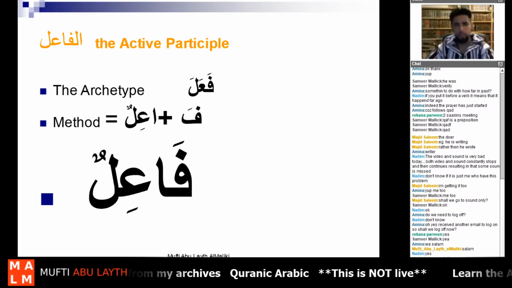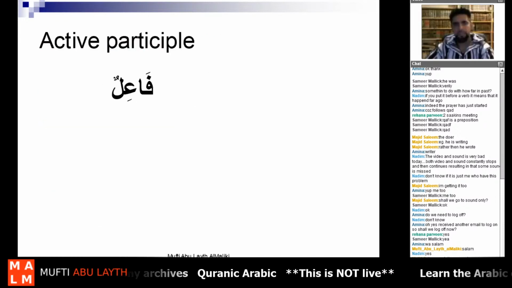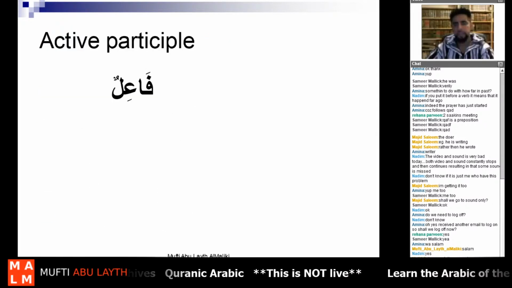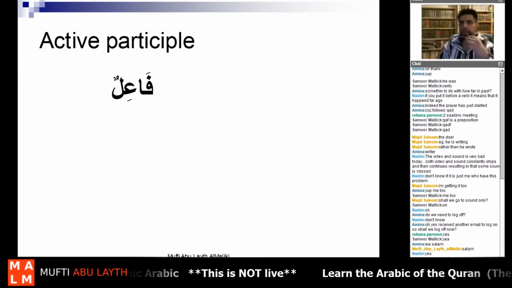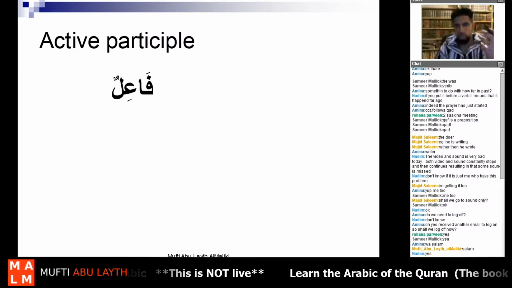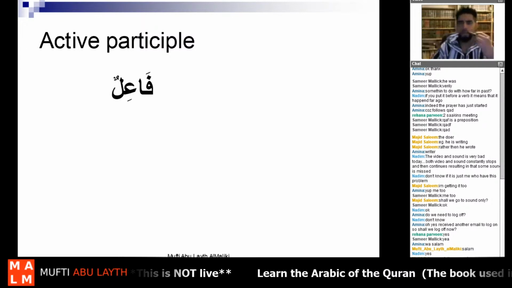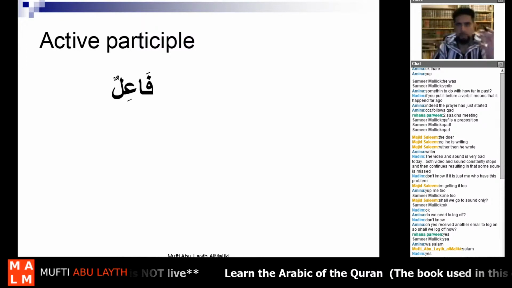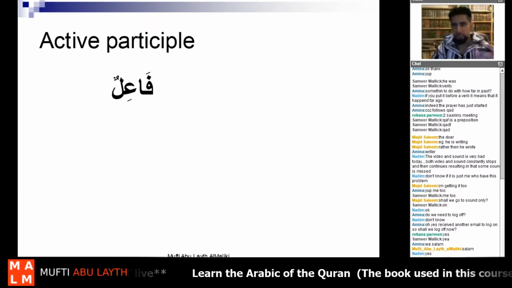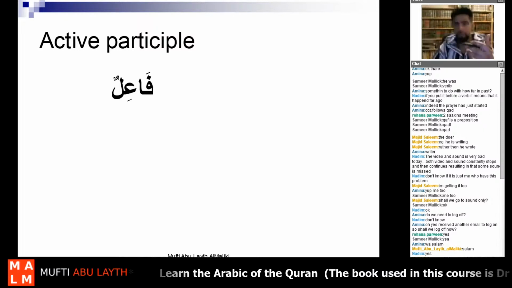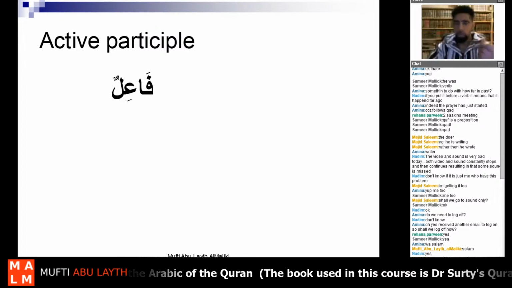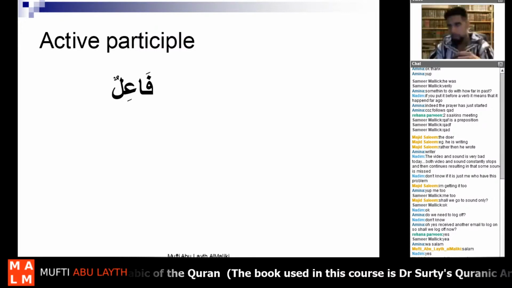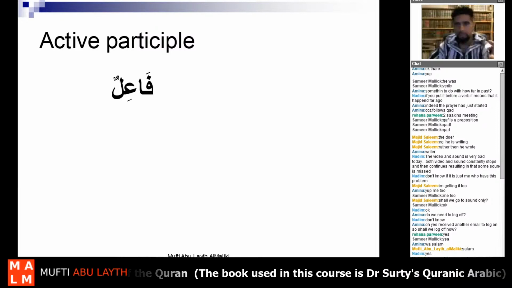Right. Now, this is how you make the language. You now have the tool, so if you know how to say the word help, you can construct the word helper. Or if you know how to say to write, you can construct writer, or reader, or killer, or anything in that sense.